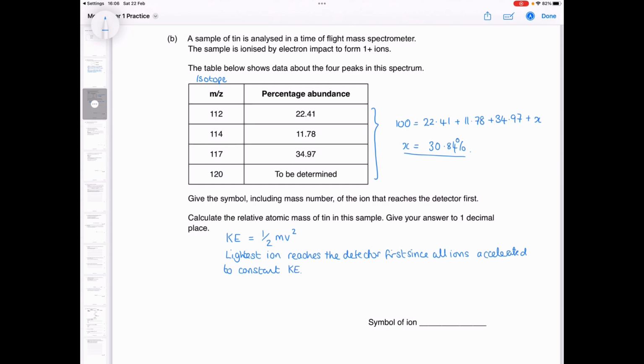So the lightest ion is the 112. The symbol is tin, and we know it's a 1 plus ion. It tells us that in the question. And that's the ion that's going to reach the detector first.